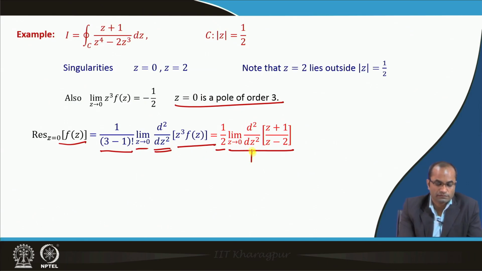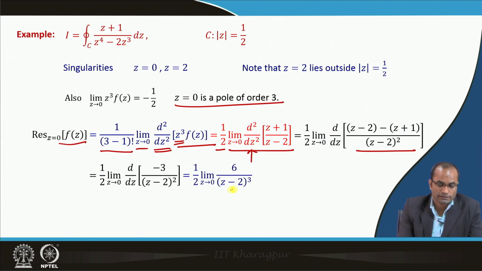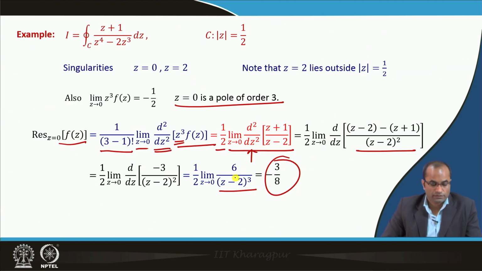We take the second derivative of z plus 1 over z minus 2, since the z cubed gets cancelled. The first derivative is given here, then once again we simplify and take the derivative again, and finally take the limit. So, the residue at z equal to 0 comes out as minus 3 by 8.